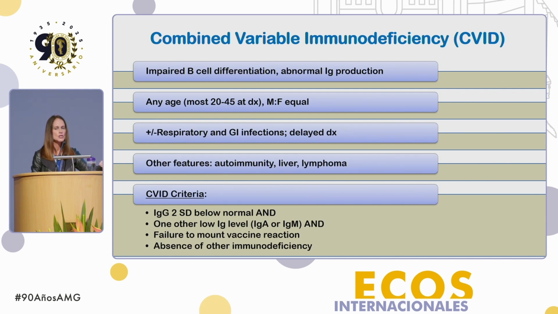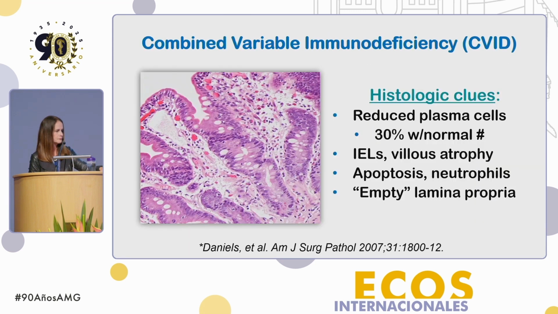So again, don't wait for the patient to come in with frequent respiratory or GI infections before you think about this. So if you have someone with a serologically negative enteropathy, it really behooves you to check a panel of their immunoglobulin levels to make sure they're not immunoglobulin deficient.